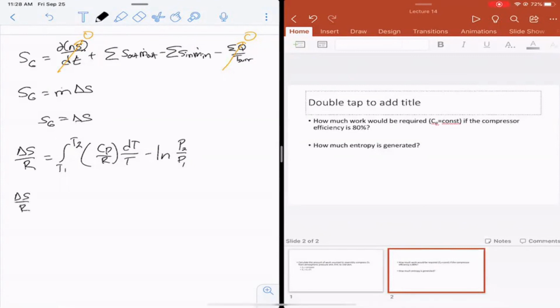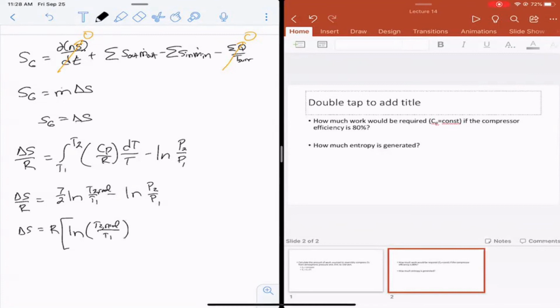So delta S over R equals just 7/2 times the natural log of T2 over T1, and of course this is T2 real, minus the natural log of P2 over P1. So delta S then equals R times, here I'll write it like this, then we'll put the numbers in a second, 7/2 times the natural log of T2 real over T1 minus the natural log of P2 over P1.